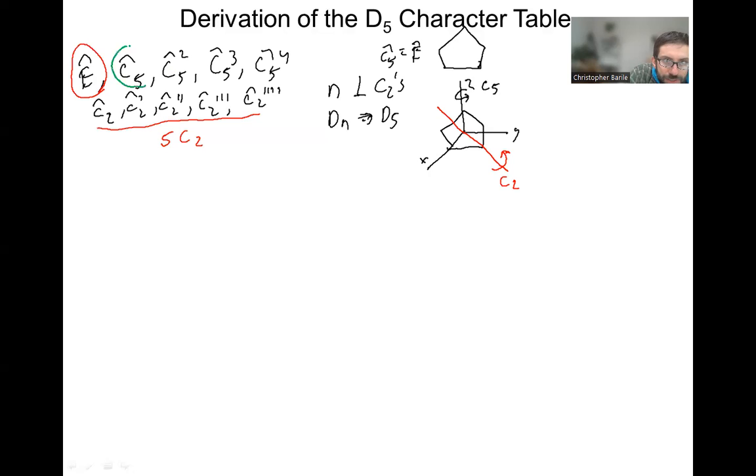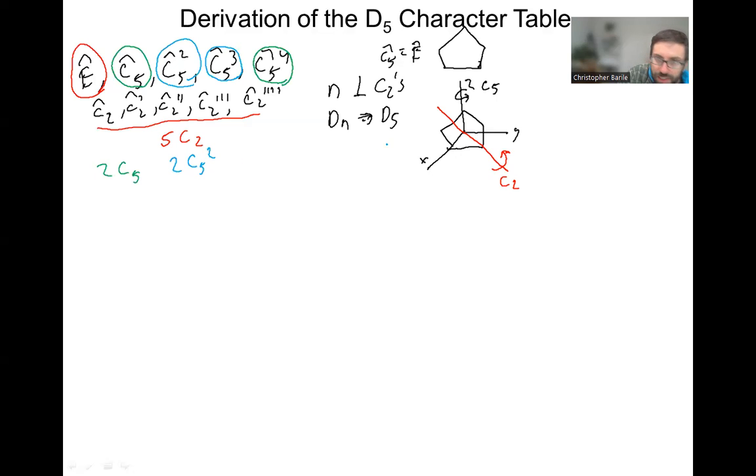The C5 and the C5^4 are going to be in a class. We'll call that the 2C5 class. And then the C5^2 and the C5^3 are going to be in their own class. We'll call that the 2C5^2 class.